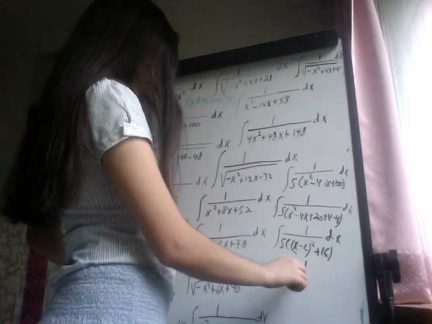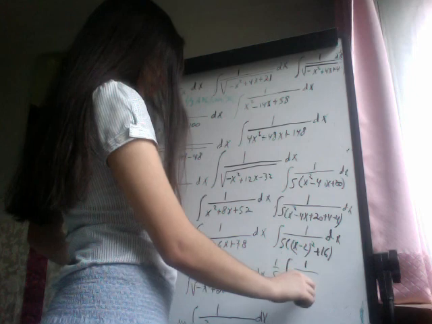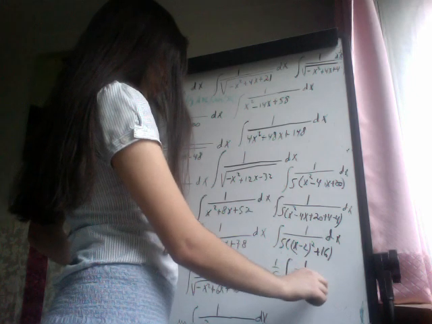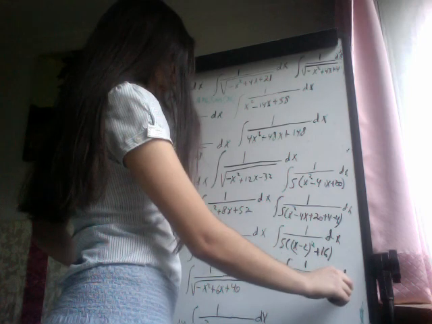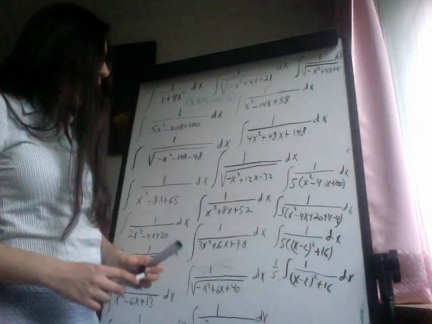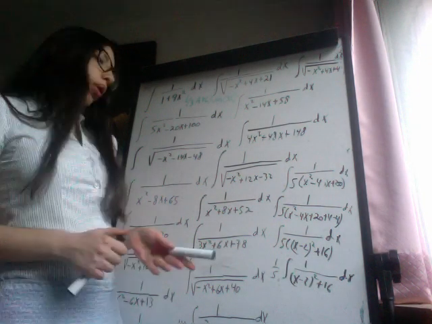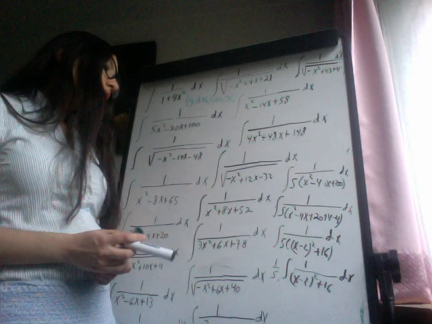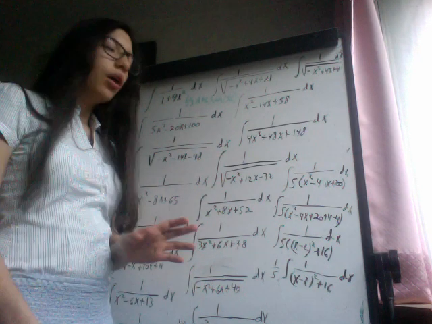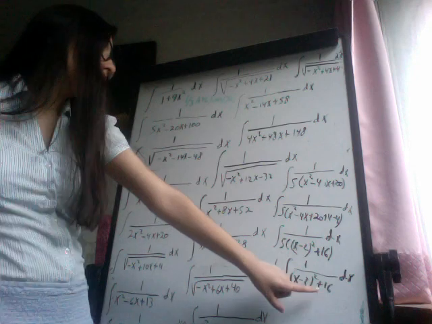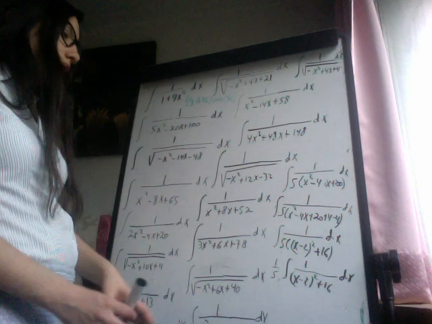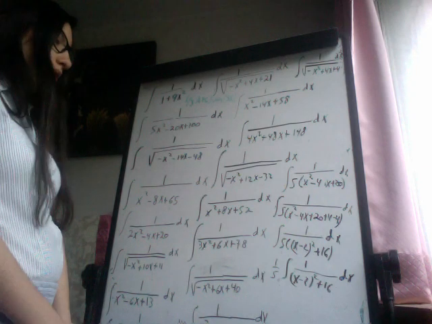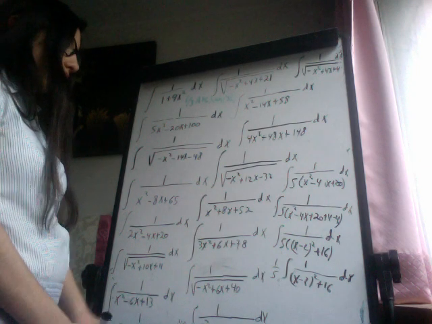of 1 over x minus 2 squared plus 16 dx. Now, this also has the appearance of 1 plus u squared, but is not quite, because we have plus 16 instead of 1. So what we will do, we will divide everything by 16.